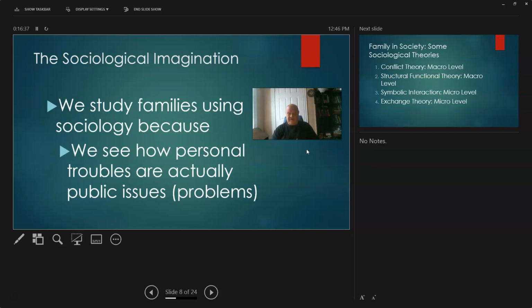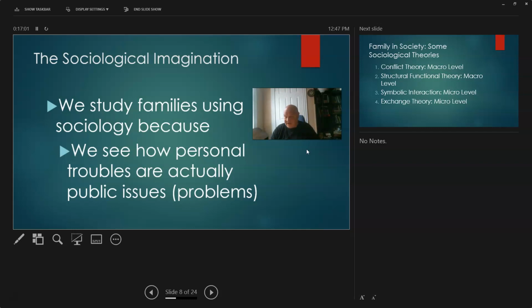In other words, if for example, one is looking at an addict and how their addiction is dysfunctional for their immediate family, one can place this in a larger context. That's certainly a personal trouble.